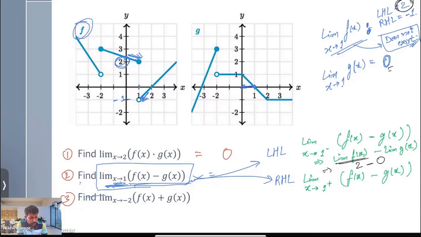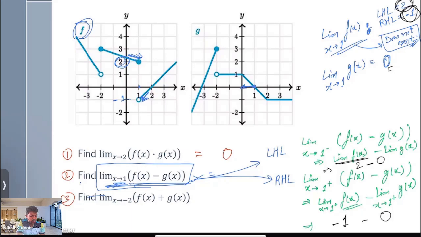Similarly, let's figure out the right hand limit now. I can write this as limit x tending to 1 plus of f of x minus limit x tending to 1 plus, that means from the right hand side, of g of x. Well, the limit of f of x from the right hand side was -1, and that of g of x was this.